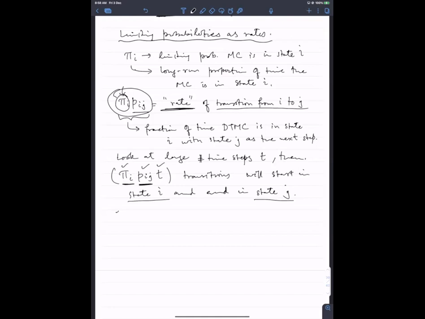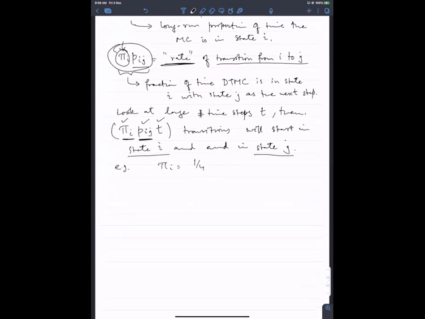Okay. Example, pi I can be equal to 1/4. That means you found yourself in state I 25% of the time, and Pij could be equal to 1/3. Okay, and t could be 10,000.